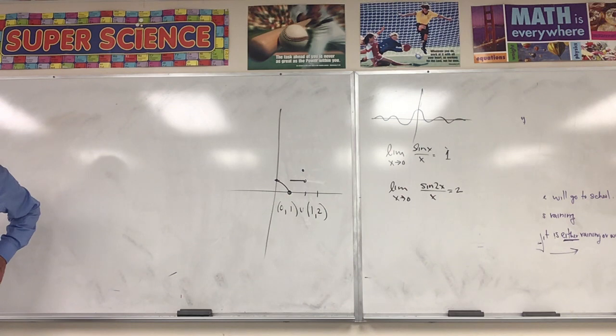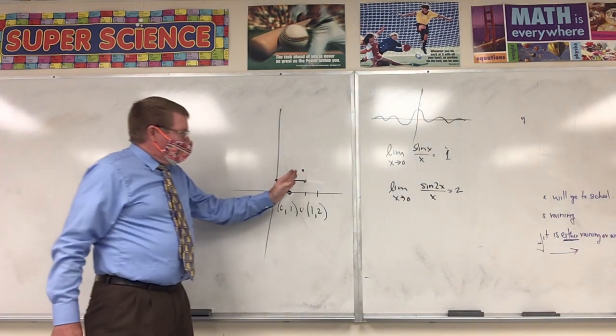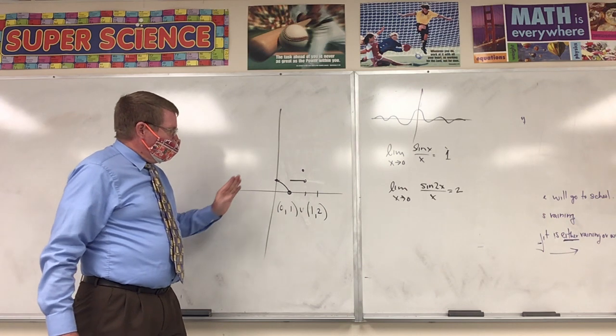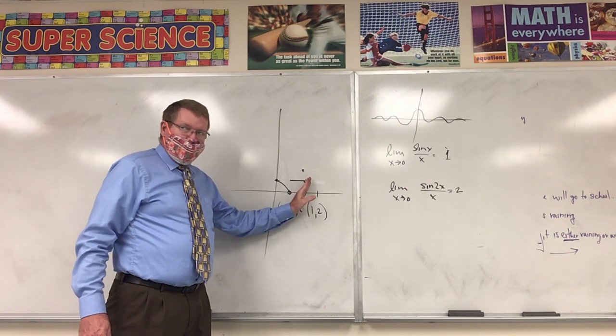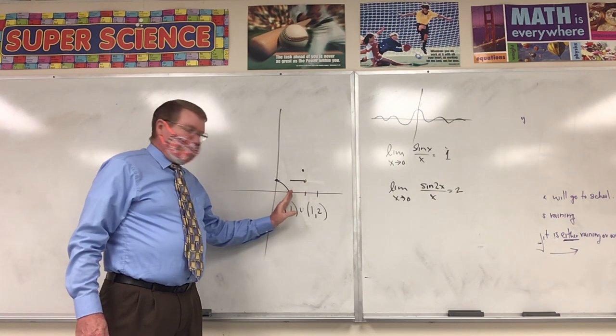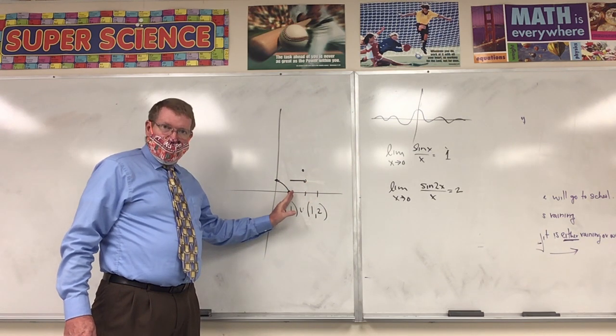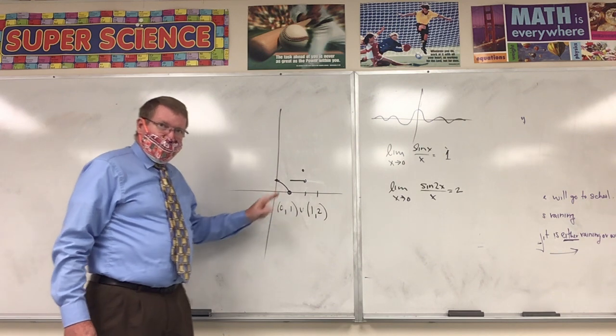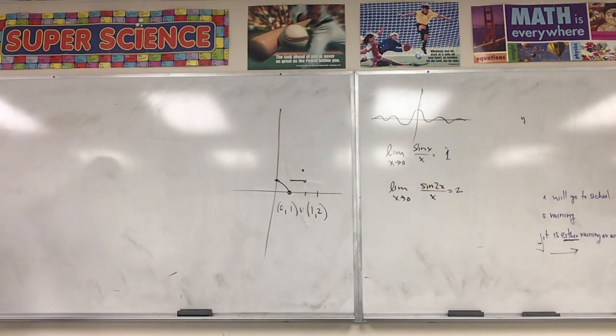Letter C says, at what point c does only the left-hand limit exist? The only place where the left-hand limit exists would be at 2. Oh, sorry, because the left-hand limit does exist at 1 too.